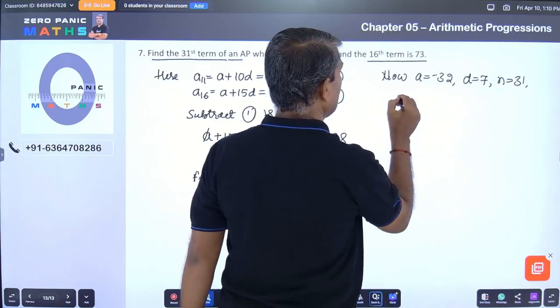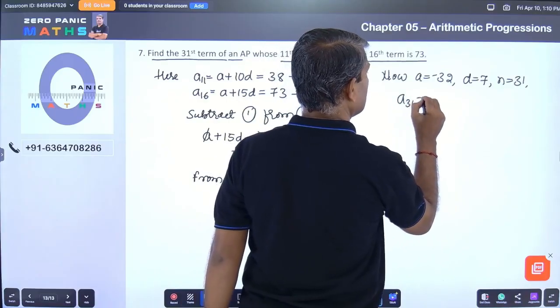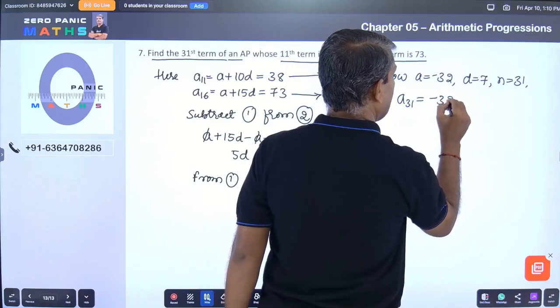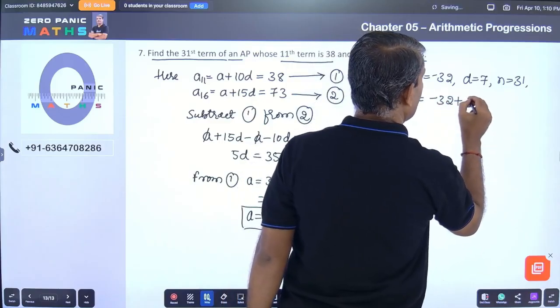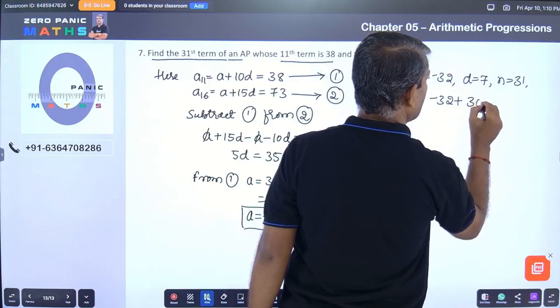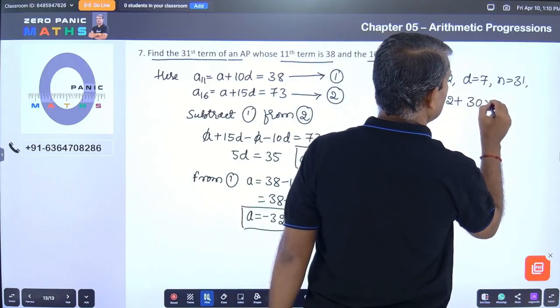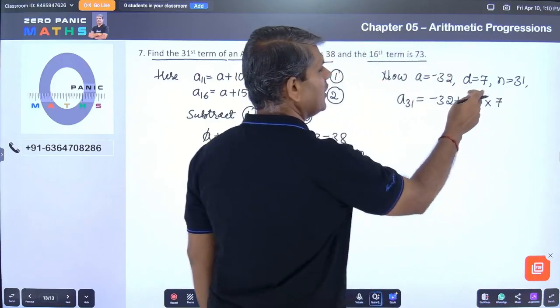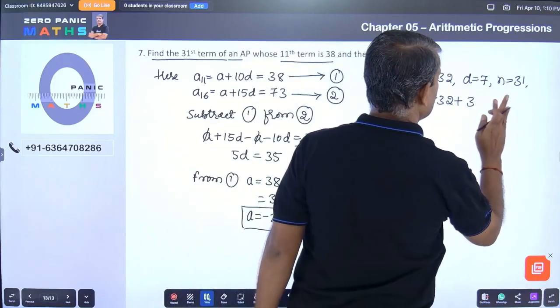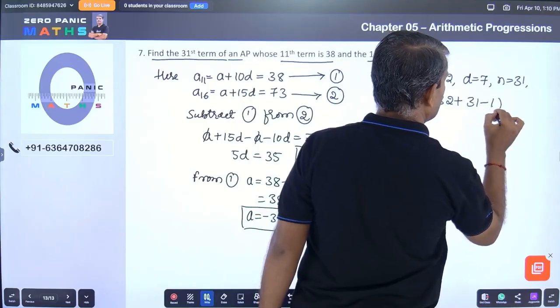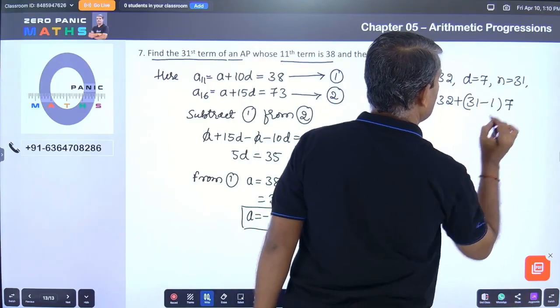We need to find out A31, that is A plus n minus 1, that is 30. Can I write directly 30 into D, or else let me write that. We don't need any confusion, right?